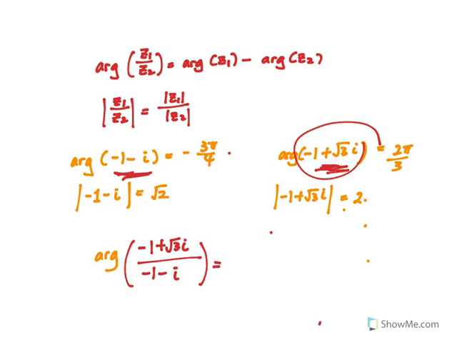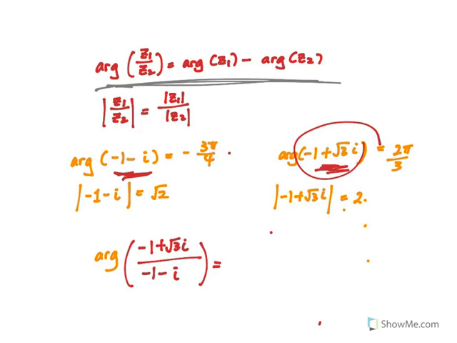And using this idea, we just subtract the difference between the two arguments. Sorry, it should be the other way around. Okay, so it should be 2 pi over 3, because this is the numerator.